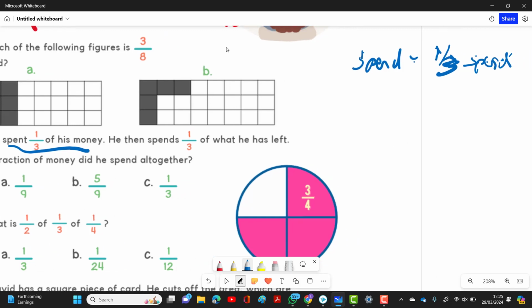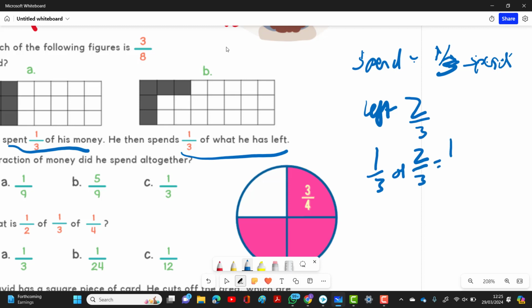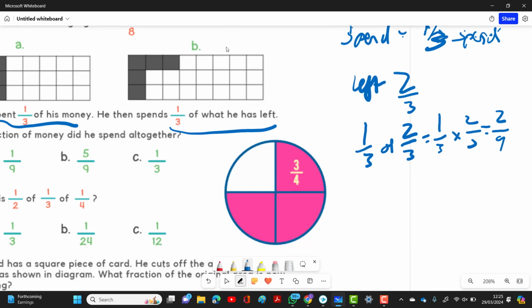So what's leftover is 2/3, and then he spends 1/3 of what he has left. So it'd be 1/3 of 2/3, which equals 1/3 times 2/3, which is 2 over 9. So that's another one spent. So then we've got to add. Altogether, he spent this and he spent this.